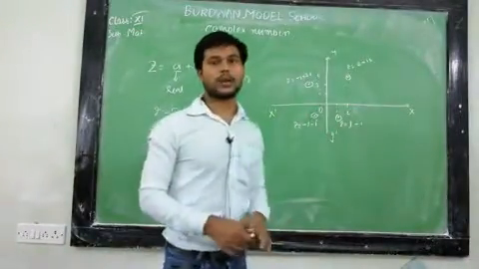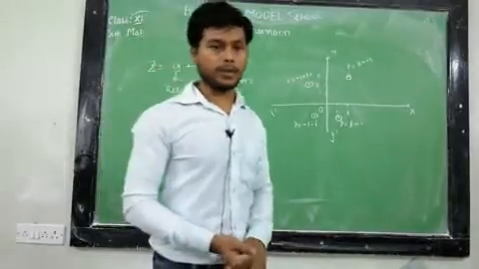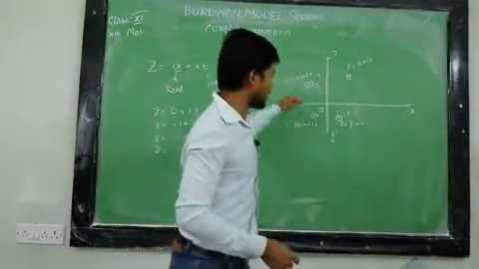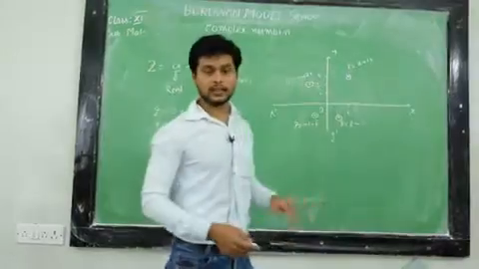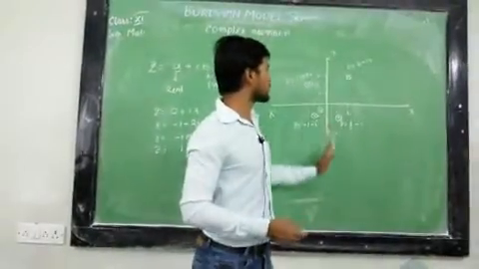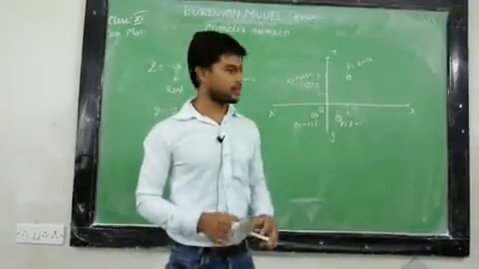Okay, so you can see that we can represent a complex number in a plane. This plane is called an Argand plane or a complex plane, where the x-axis means the real axis and the y-axis is called the imaginary axis.